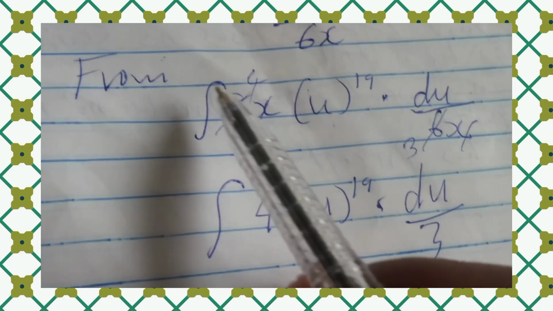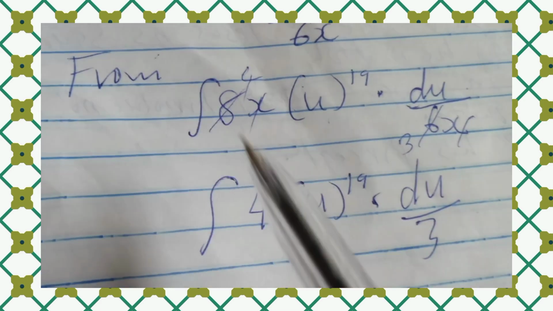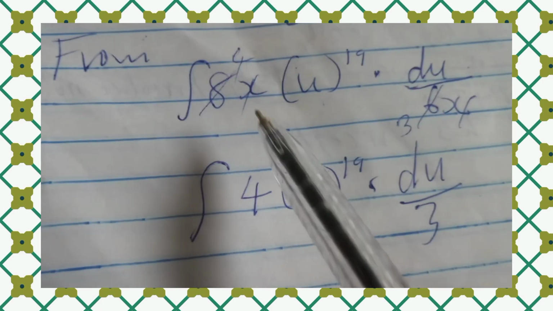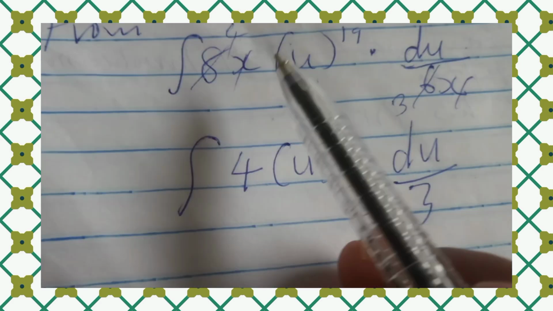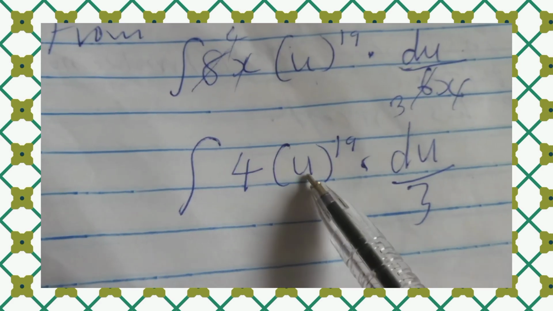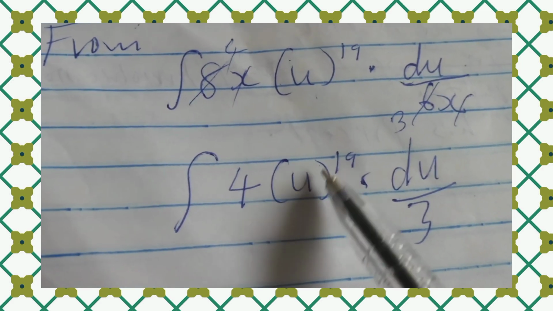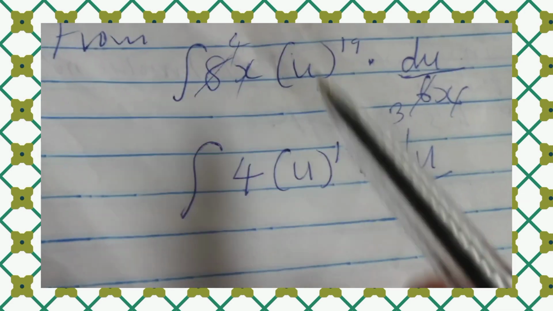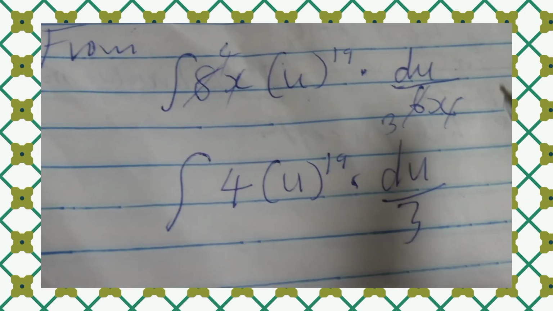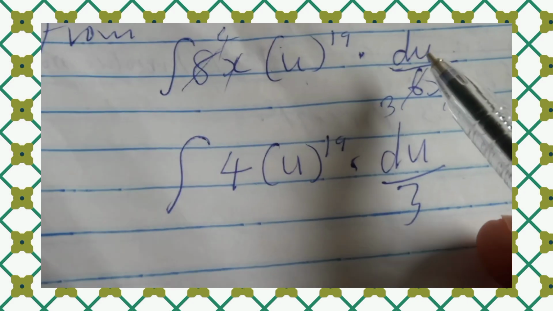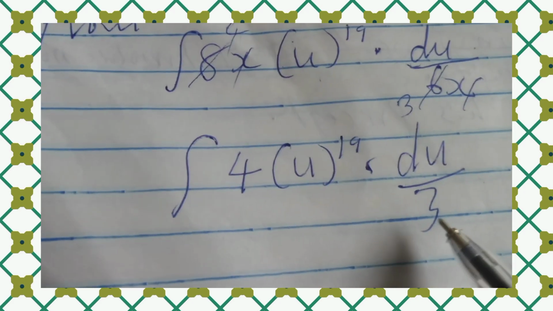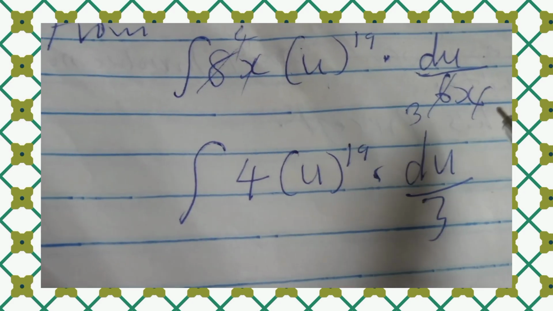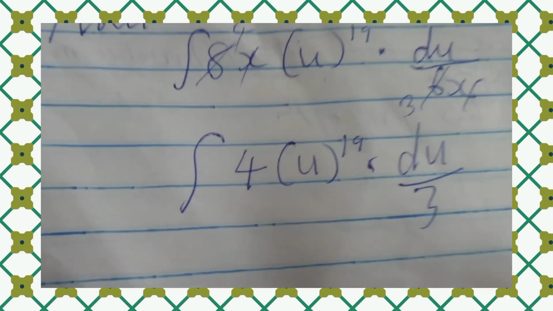Then 2 going into this 8 how many times? 4 times. x cancels x, so we're going to be left with the integral of what? 4 times u raised to the power of 19 that we have here, because 4 will multiply this function here, which is u raised to the power of 19 times, here we're going to be left with du over 3, because this x already cancelled, du over 3. So let's continue.